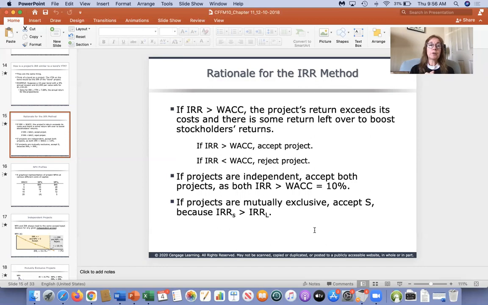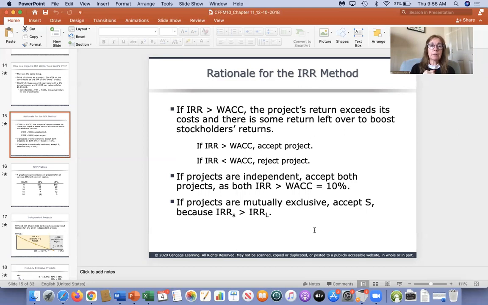If one project is very small with really small cash flows, and the other project is large, like 3 or 4 times higher, the difference in size can cause this conflict.